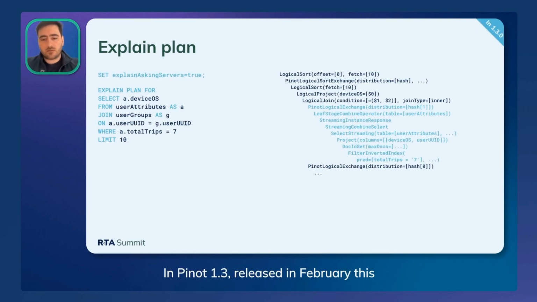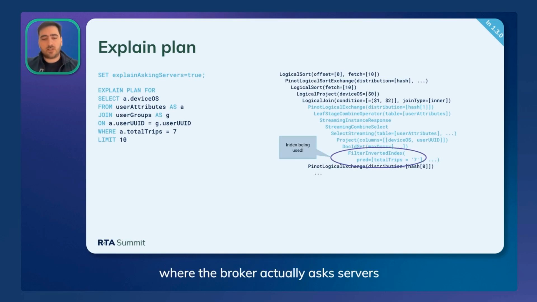In Pinot 1.3, released in February this year, we added a new mode you can enable where the broker actually asks servers about all that information, indexes being used and that kind of thing, in order to give you a better view of the explain plan, of the things that are going to be executed, right?